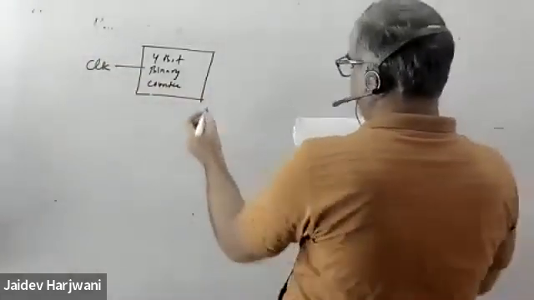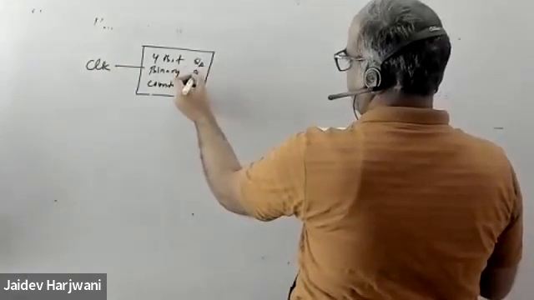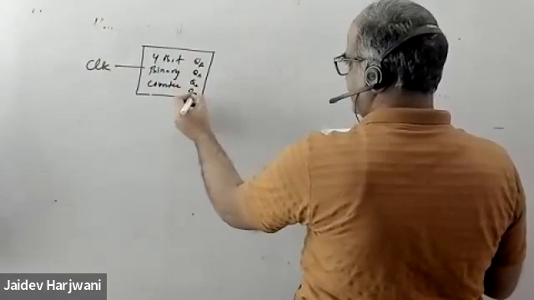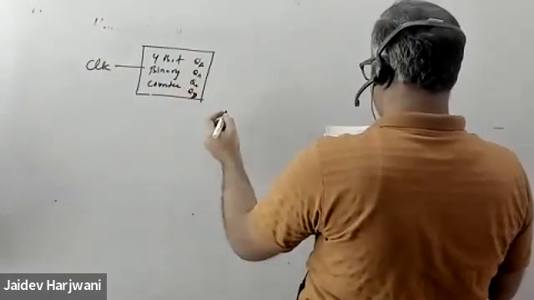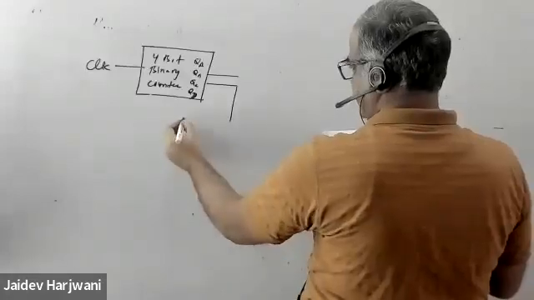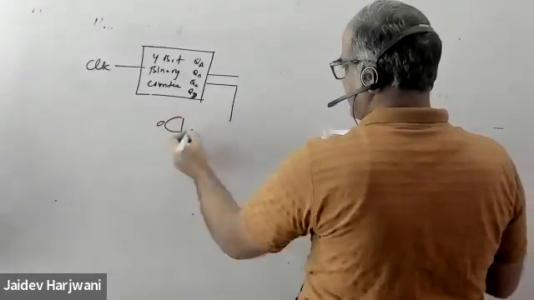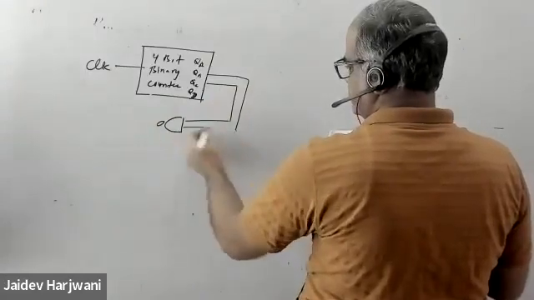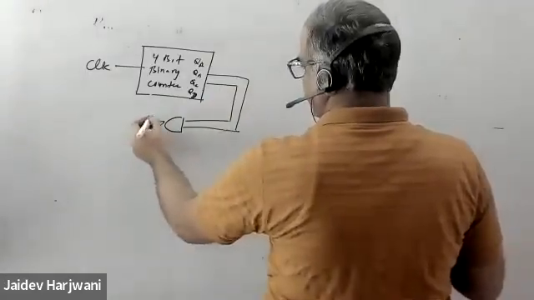We have QA, QB, QC, QD. And I'm taking QB and QC, using a NAND gate. I'm taking R bar from here.